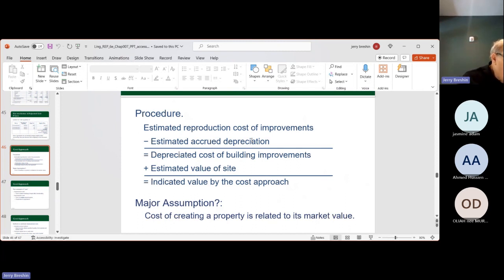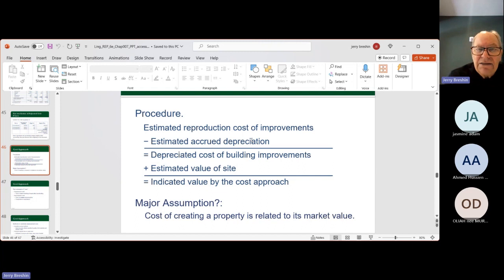The concept of replacement is the cost of making that house today. This is like the difference used in insurance.